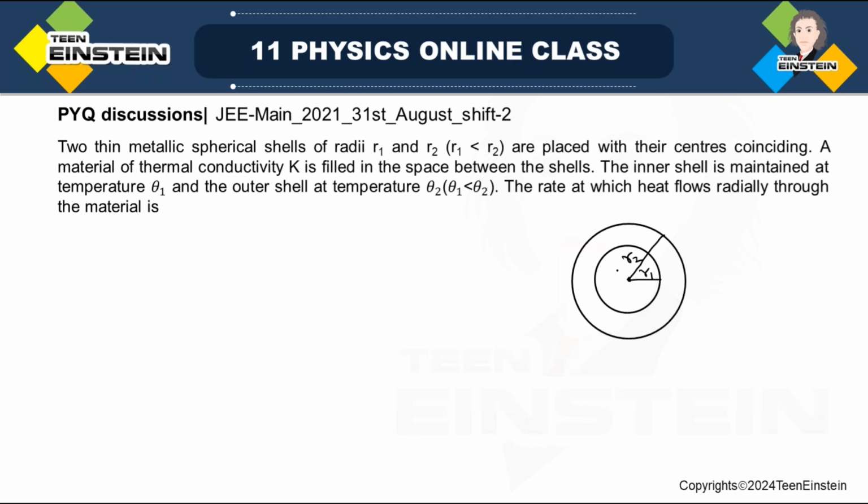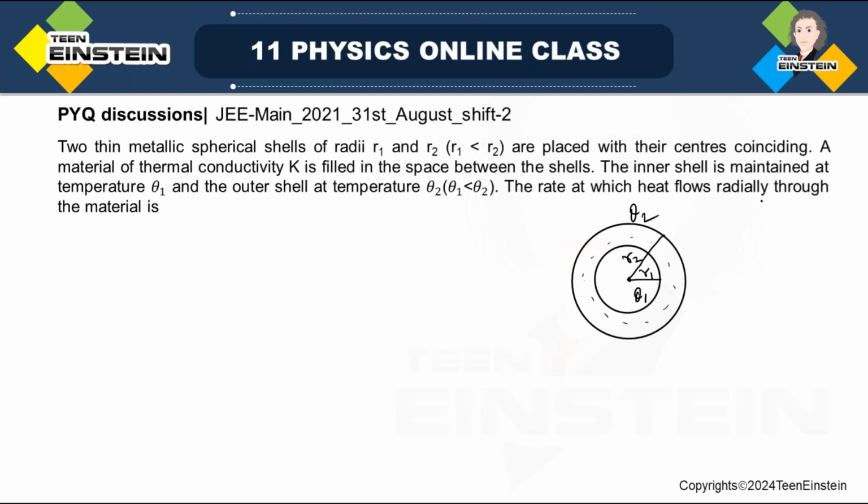Now the question says a material of thermal conductivity K is filled in the space between them. The inner shell is maintained at temperature theta1, and the outer shell is maintained at temperature theta2.